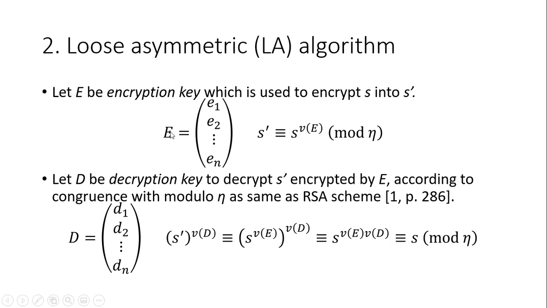Here, E is the encryption key, and S quad is congruent to S^VE modulo N. Let D be the decryption key to decrypt S quad, encrypted by E, according to congruence with modulo N, as in the RSA scheme. S quad^VD is congruent to S modulo N.